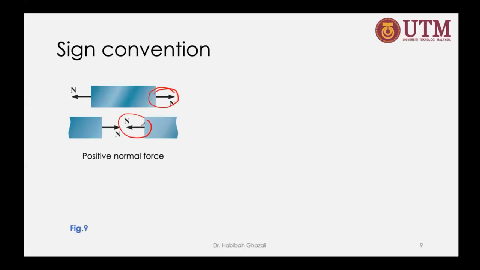So this is going to be positive for the second section. So this is section 1, this is section 2. For section 1, the external force is going that way, so the internal force is going to resist that motion. When it's resisting, we put the sign convention as positive.